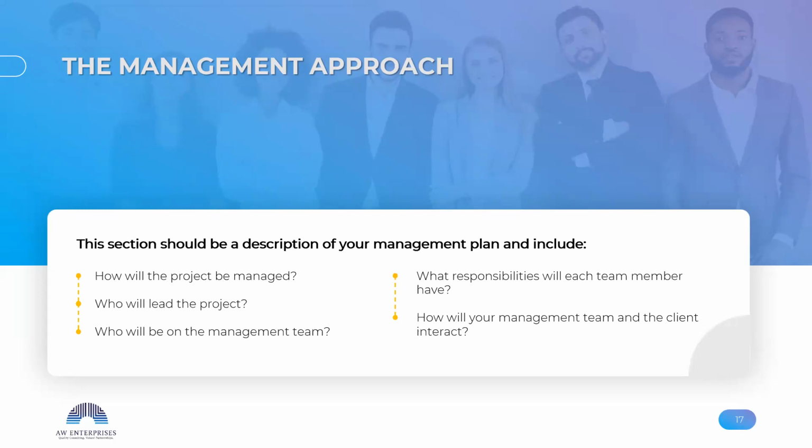All right. Who will lead the project? Again, this is where you go in depth on your project management and key personnel that you're proposing. Who will be on the management team? Again, key people, other people that you're proposing to help to perform on this contract, who will be supporting various areas of getting the requirements done.